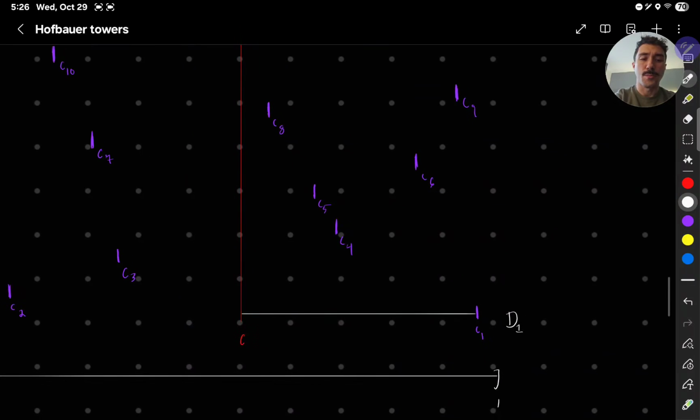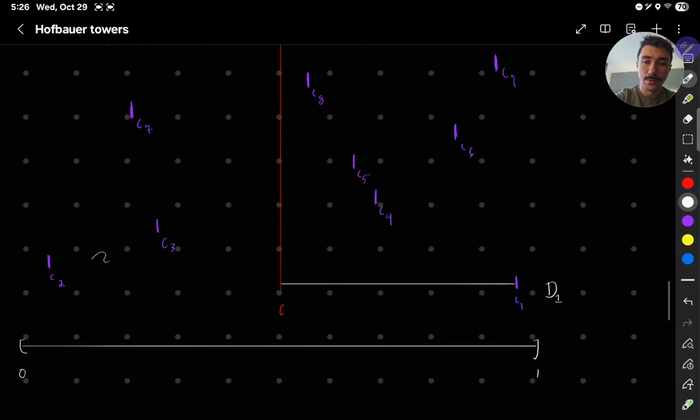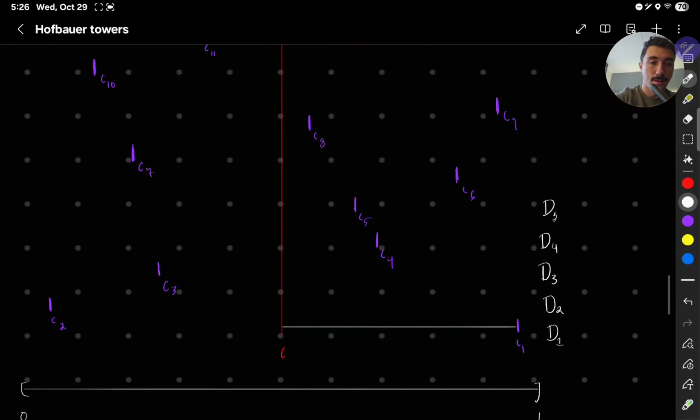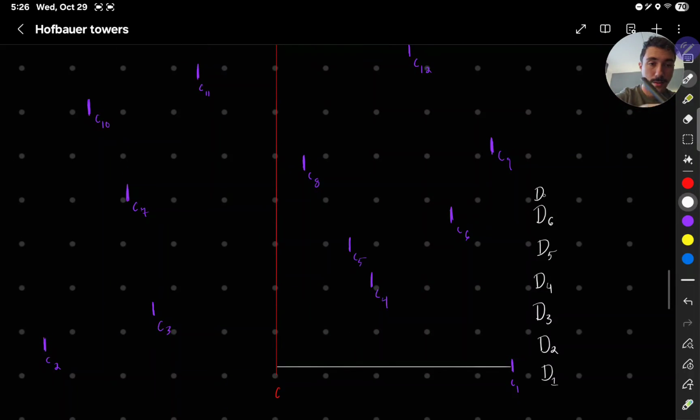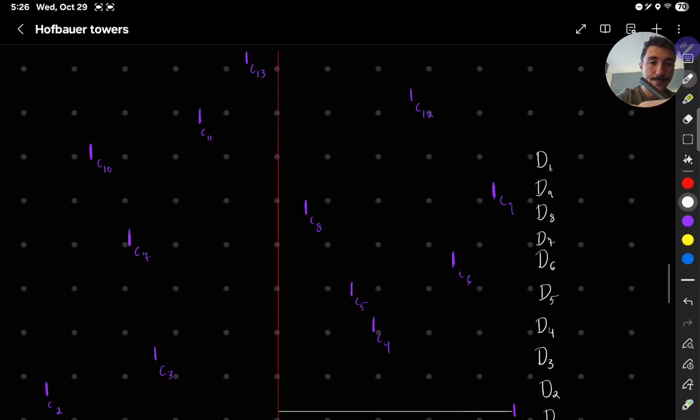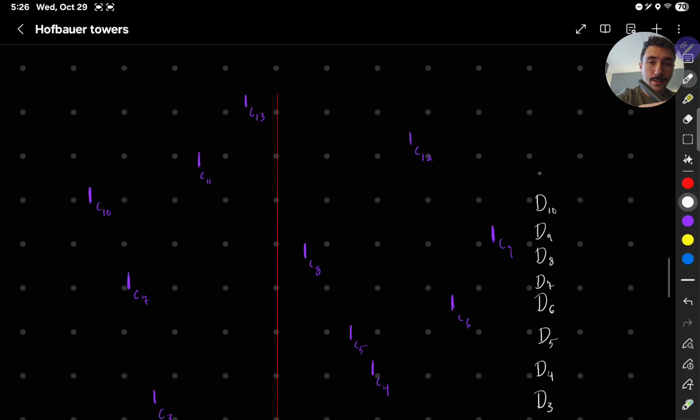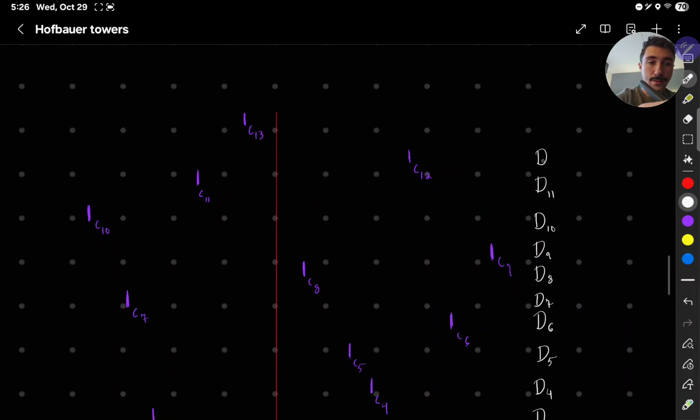And for each of these points, I'm going to build an interval. So C2, I'm going to call the interval associated to that D2. Then D3 for C3, D4, D5, D6, D7, D8, D9, D10, D11, D12, and D13.